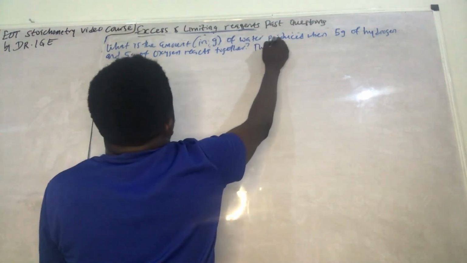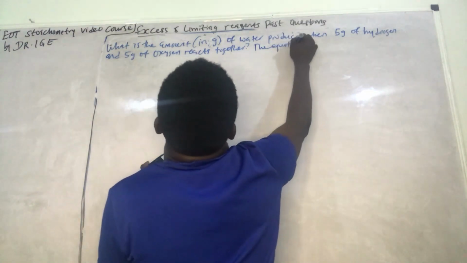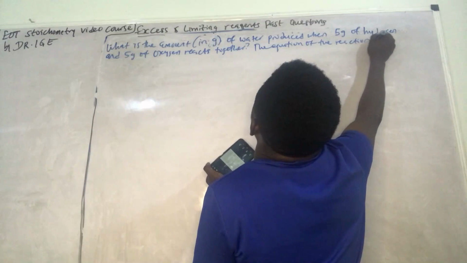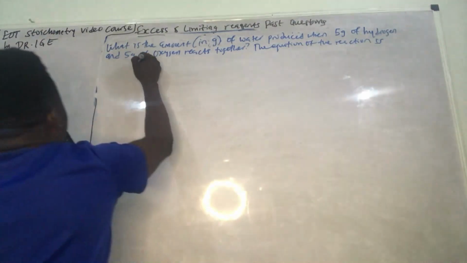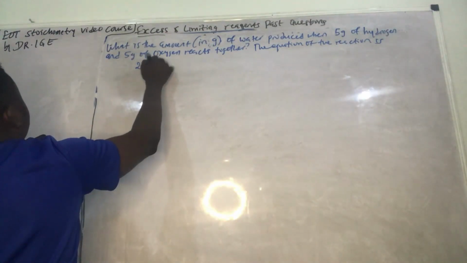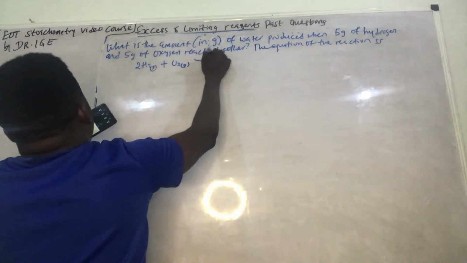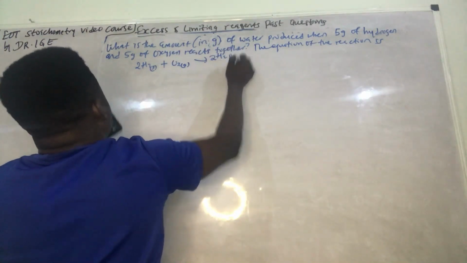And that's it. The equation of the reaction is, now write it here, 2H2 plus O2 gives 2H2O liquid.